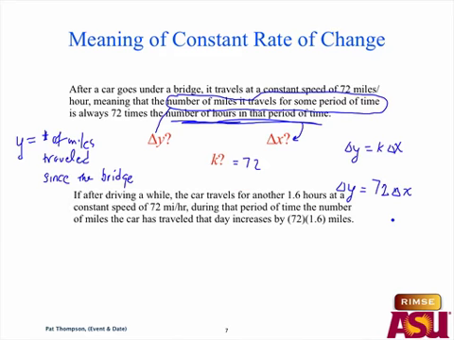Okay? Part 2. If driving after a while, the car travels for another 1.6 hours at a constant speed of 72. During that period of time, the number of miles the car has traveled increases by 72 times 1.6 miles. Same thing. What is delta y, delta x, and k? Go. Talk about it.